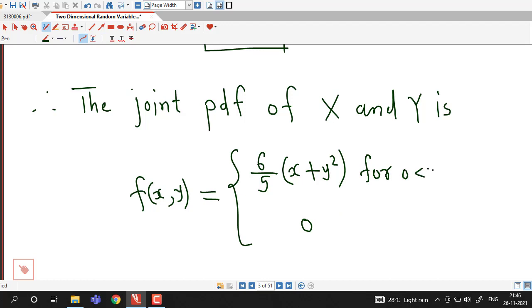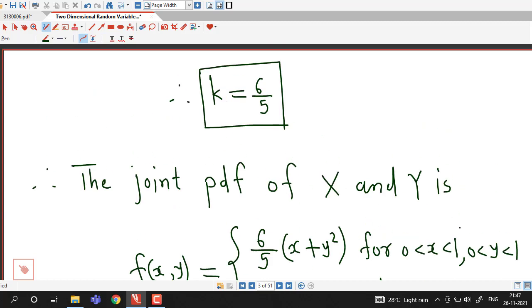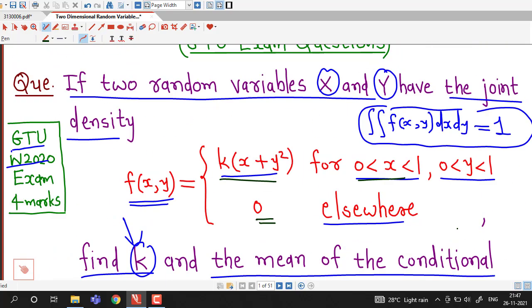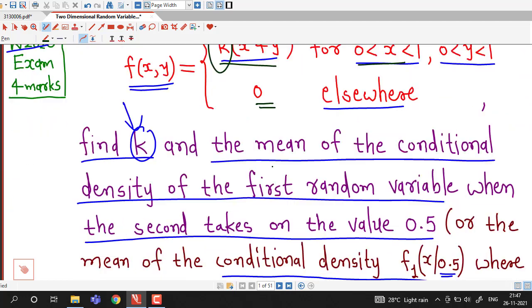This is for 0 less than x less than 1, 0 less than y less than 1, and outside these values of x and y, value of joint PDF is 0. So we have taken k equal to 6 by 5 here, and we obtain the joint PDF of bivariate random variable. So we have obtained this unknown constant.